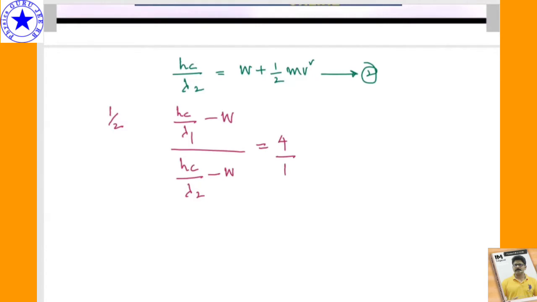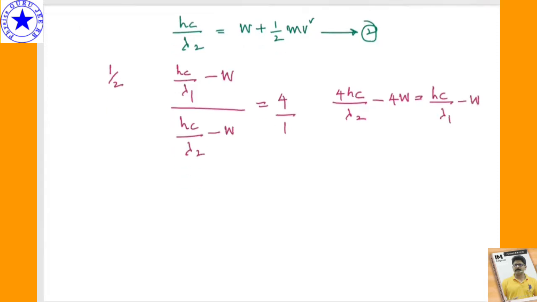If I cross multiply, it's 4 hc divided by lambda 2 minus 4W equals hc by lambda 1 minus W, right? So for further simplification, 4 hc by lambda 2 minus hc by lambda 1 equals, taking that side, 4W minus W. That's all.